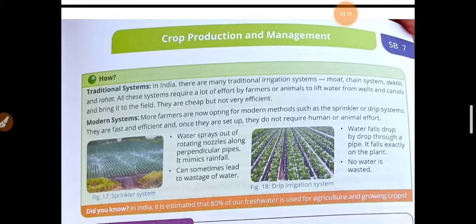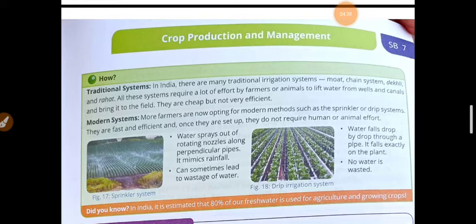You have seen the sprinklers in our school ground, the play area. There were sprinklers which water the grass everywhere in the afternoon. I think you have noticed that water sprays out from a rotating nozzle along perpendicular pipes.